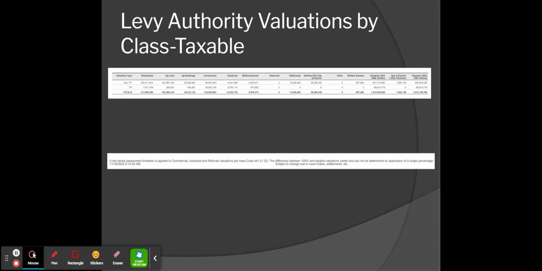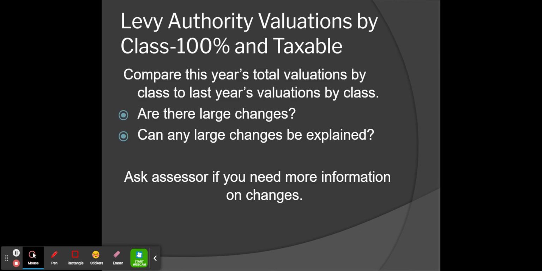If someone says, oh, I'm looking at my 100% value for commercial, and if I apply a 90% rollback to it, I don't get the taxable. Well, you won't anymore because of the two-tier limitation. So we're just giving folks a heads up with the footnote on the report. But just be prepared if you have that question, you might have to explain it.